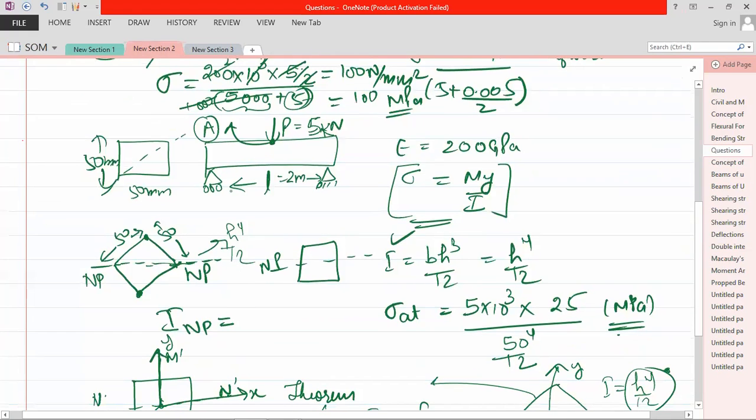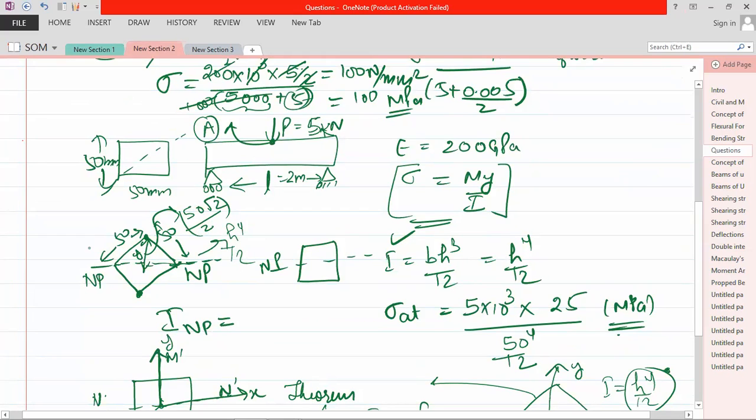But what will be the change? The change would occur in the distance y, because now y would be 50 root 2 by 2, because the complete is the diagonal length and it is half. So the diagonal length will be 50 root 2, divided by 2.